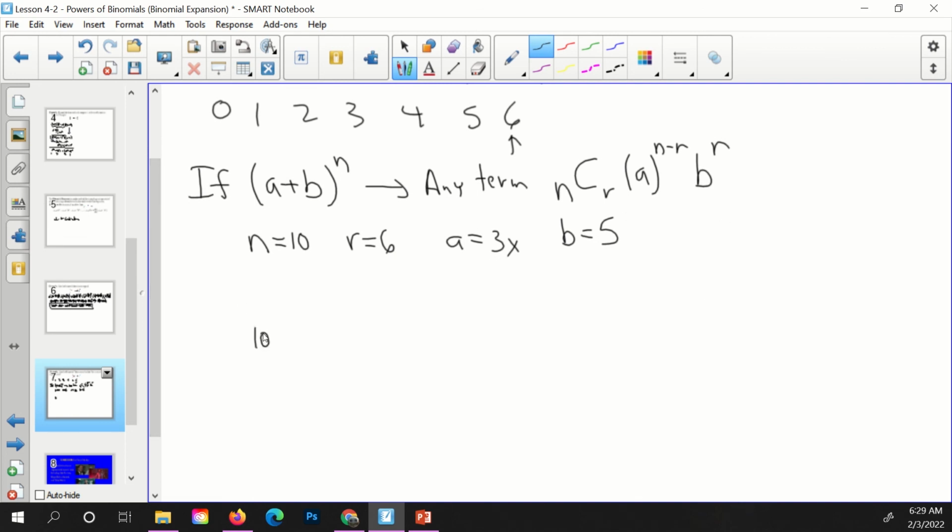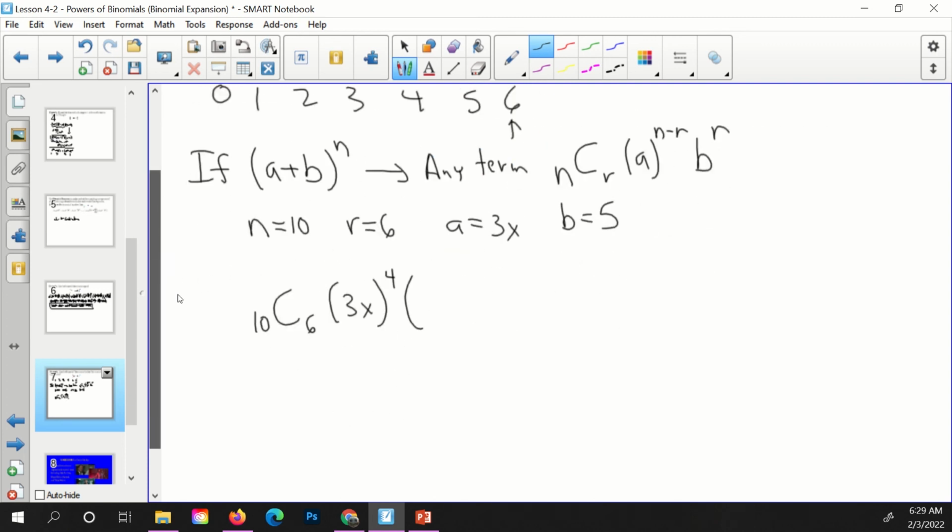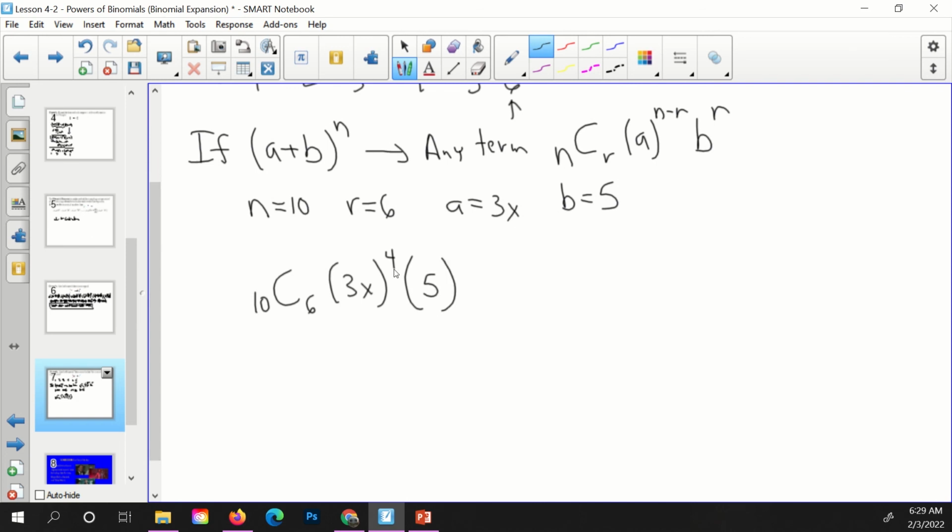So I'll have 10 C 6, 3x to the 10 minus 6, which would be 4, and then that 5 to the 6th, and if I make that calculation, I will have that particular term in the expansion.